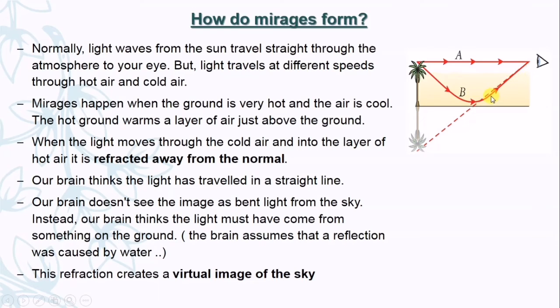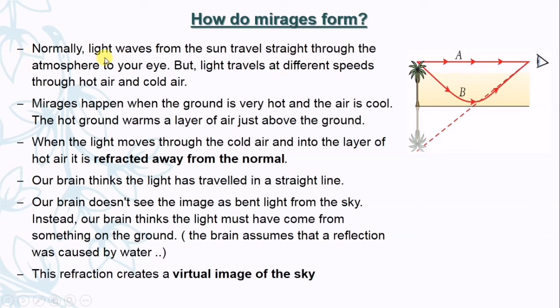So the brain traces back the ray to the point where it appears to have originated. This group of rays appears to have originated from here, so we think that the tree which gives this ray is here. And therefore we see it inverted.